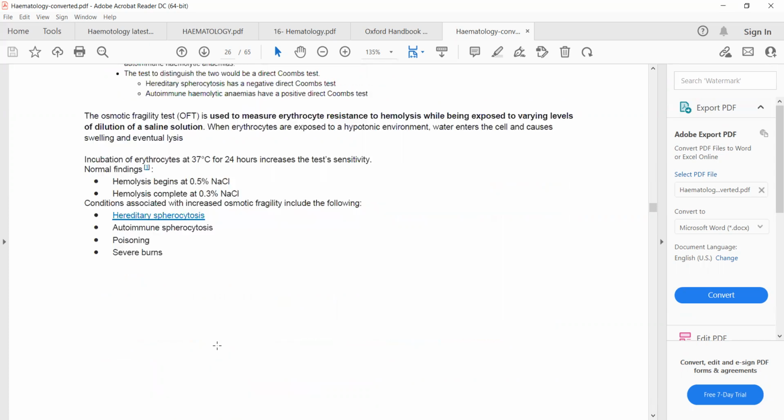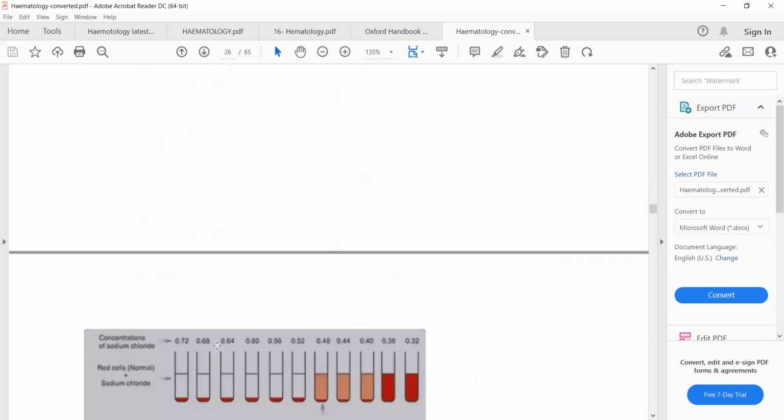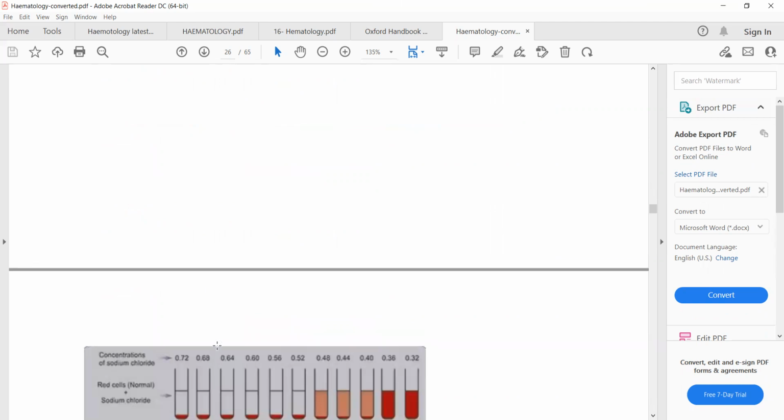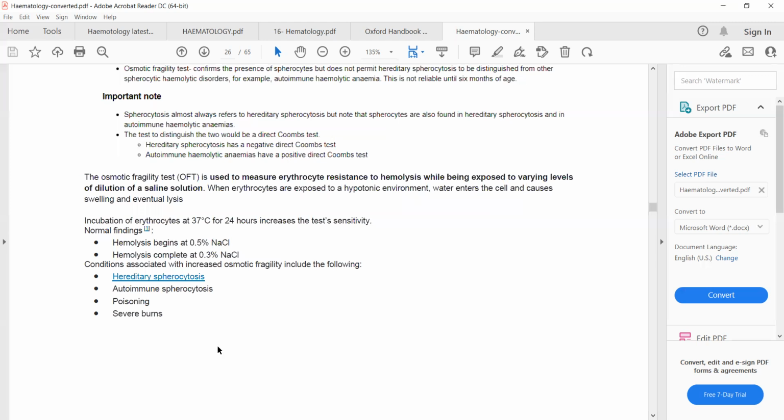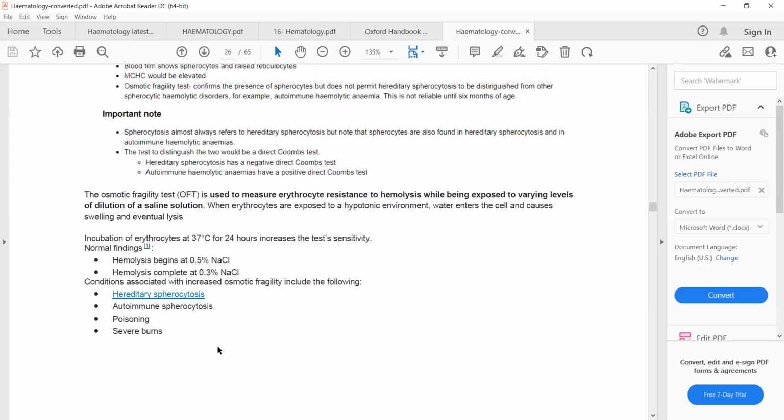What is an osmotic fragility test? If normal RBCs are exposed to varying levels of dilution of a normal saline solution, what will happen?